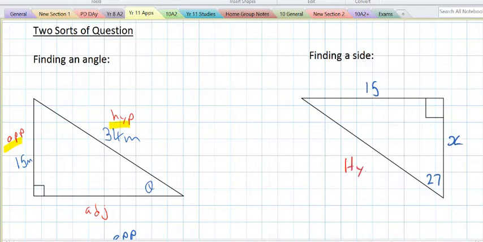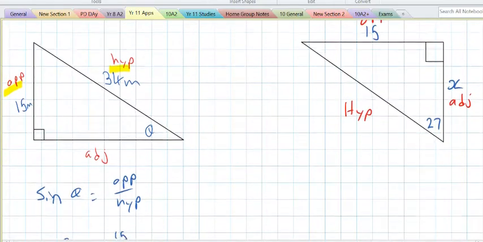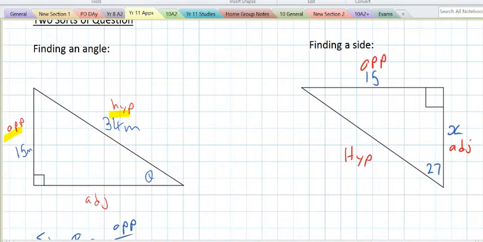Hypotenuse, opposite, because it's opposite the angle, and adjacent because it's next to the angle. So we have an O and an A.